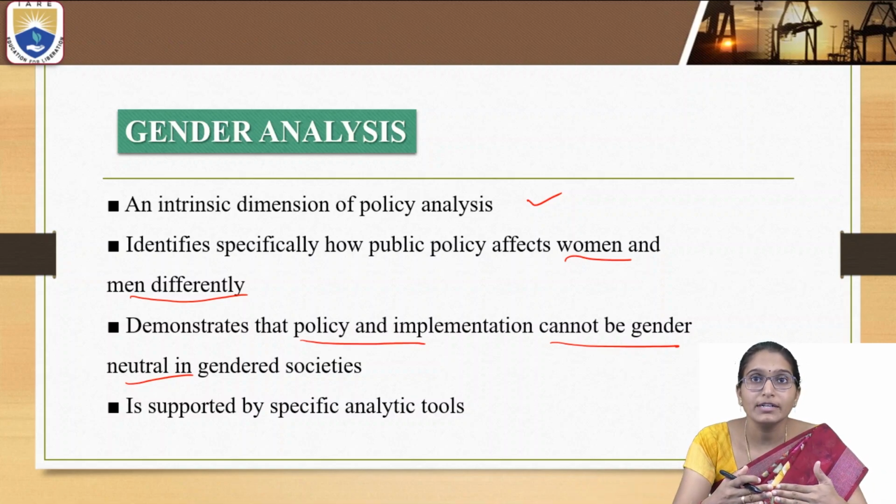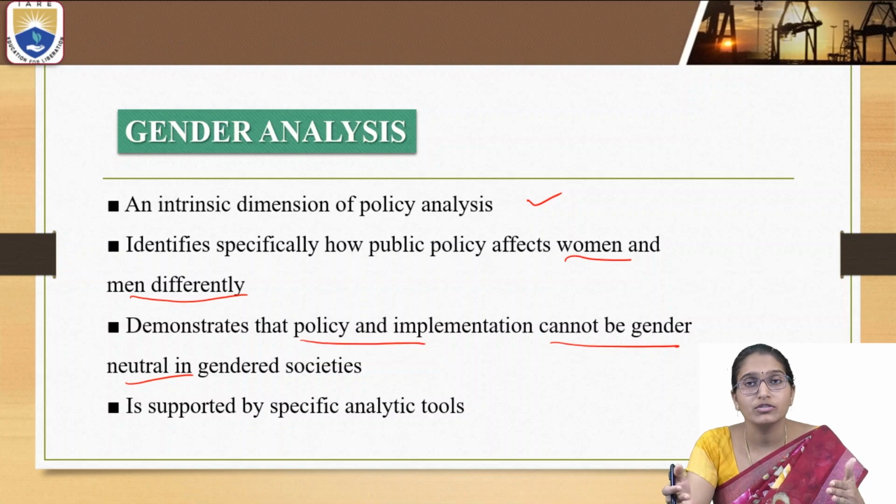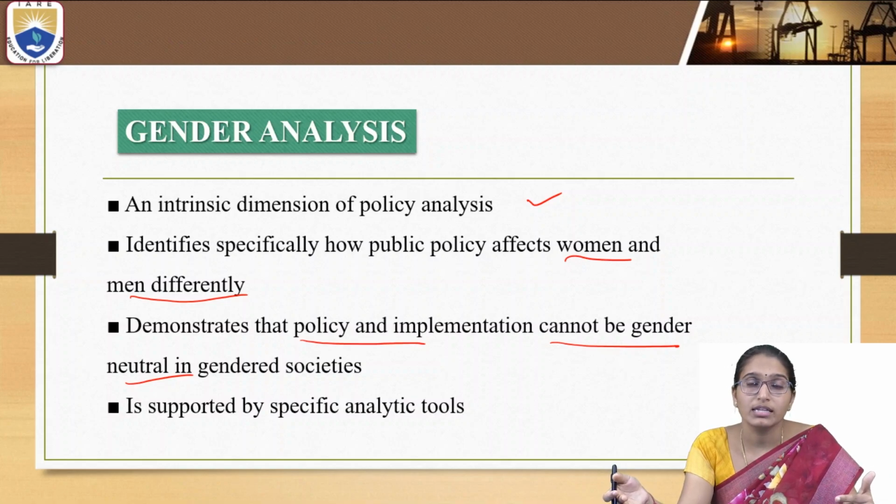If you try to encourage both, the implementation cannot be equal for both genders. So either you have to encourage one gender and then see what the cons are, what effects are carried over to the other gender, and how it is affecting them.